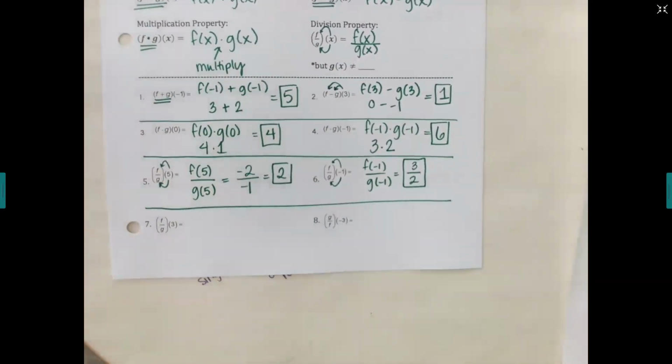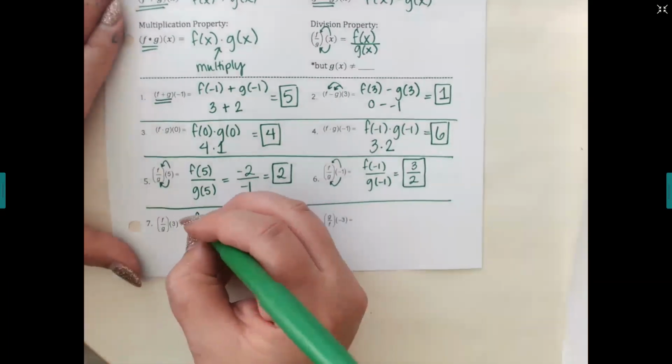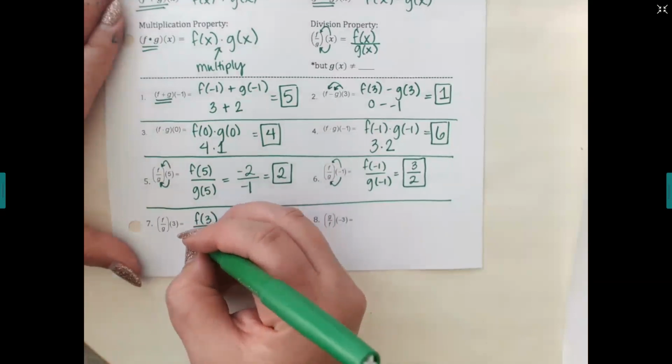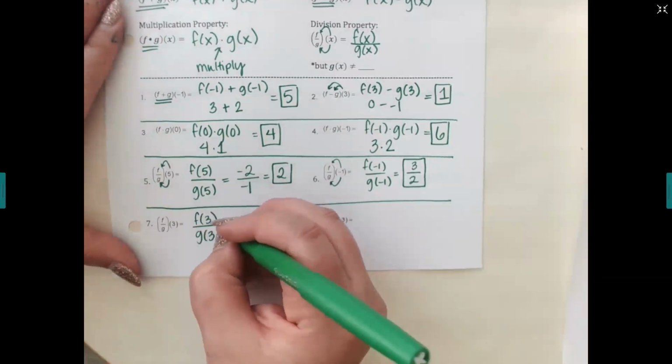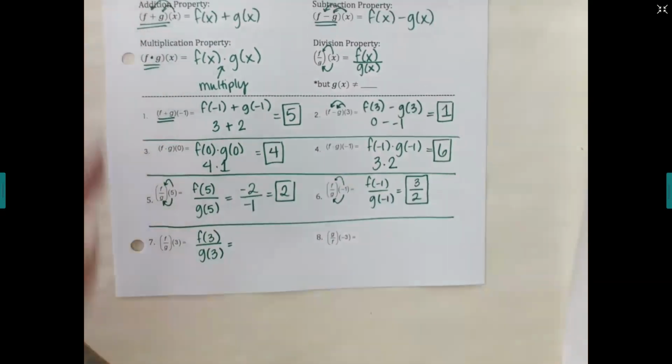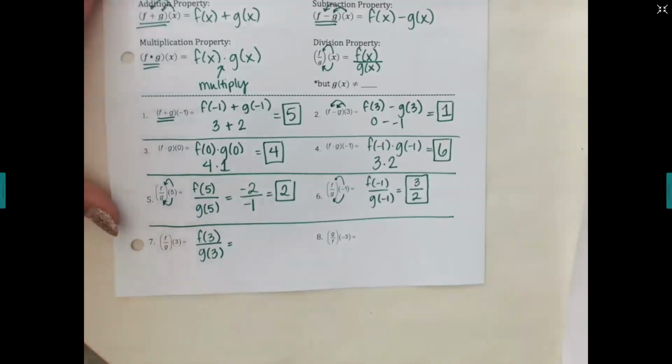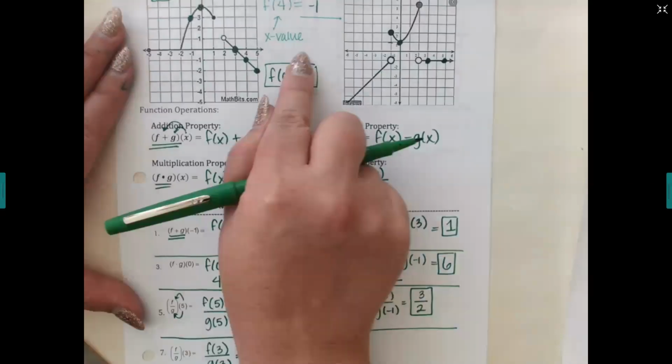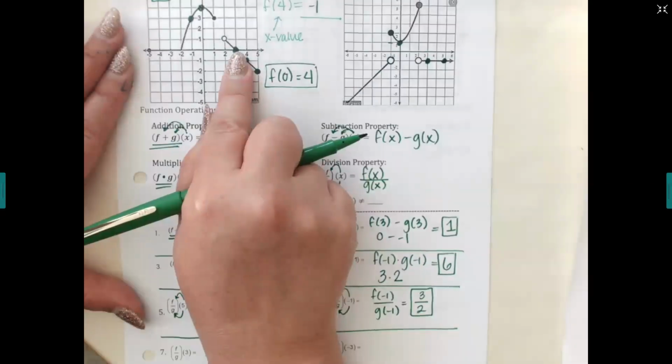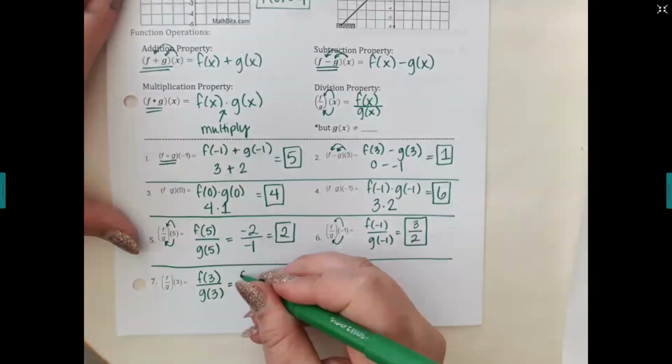Okay, last two, I want f over g of 3. Well, then I'm going to do f of 3 divided by g of 3. So if you will, please look at your graph of f at 3. Find the y value. Let's come up here and take a peek. Okay, 3 is here. I'm on the x-axis. That's a 0.